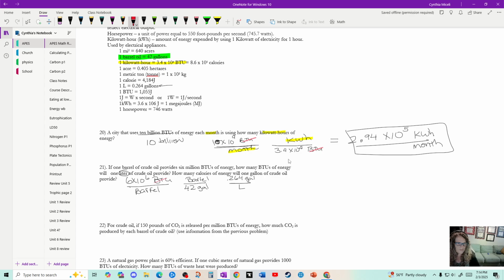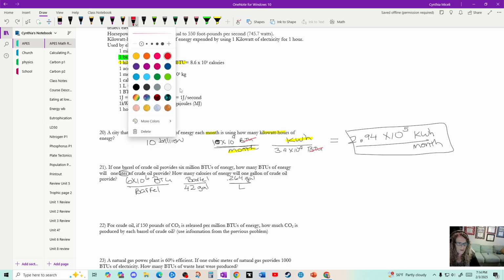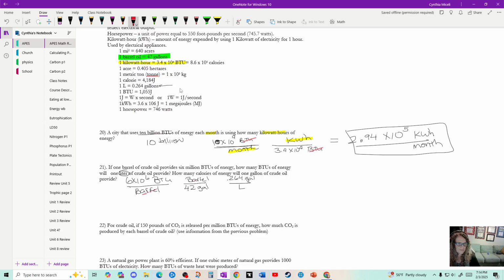I want BTUs. Okay, so here we go. I want my barrels to cross out. I want my gallons to cross out because I want my answer to be BTUs per liter. Do I have that? Yeah, BTUs per liter.